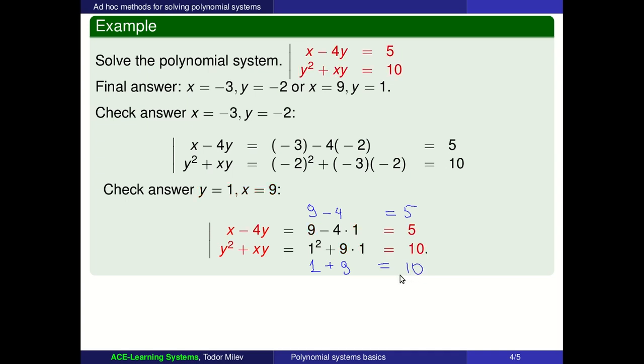So indeed, for the second answer, y equals 1, x equals 9, I do get the correct output when I replace x and y with the corresponding values. So this checks my work and completes our problem.